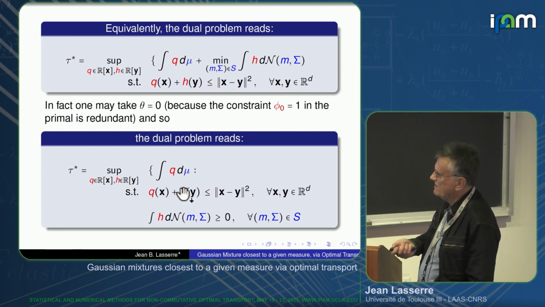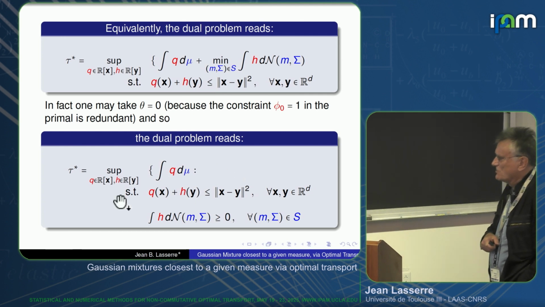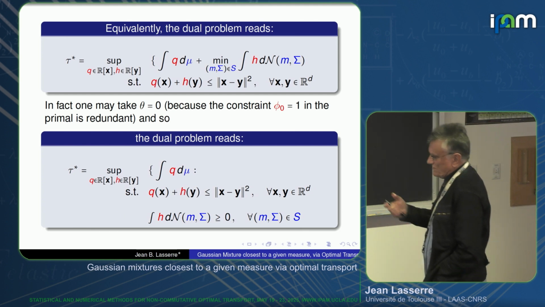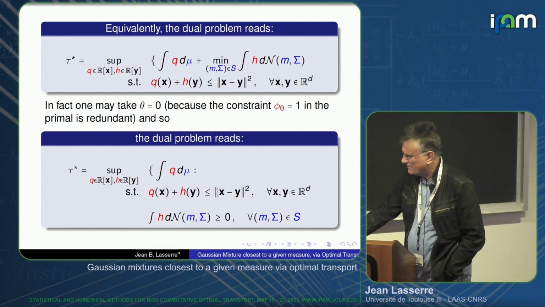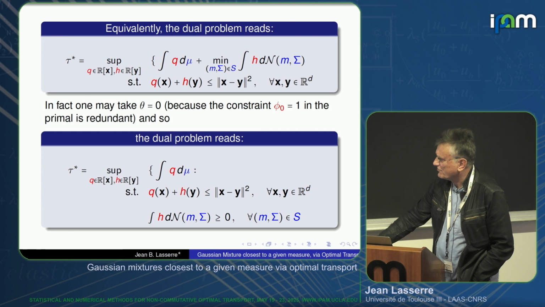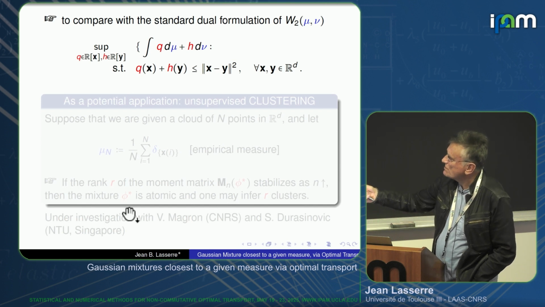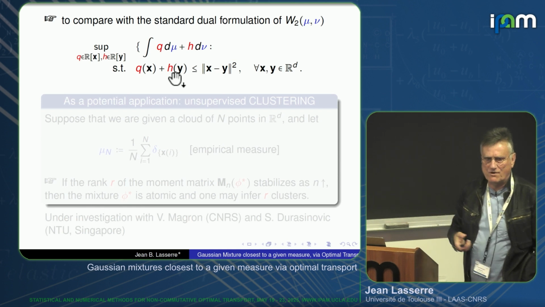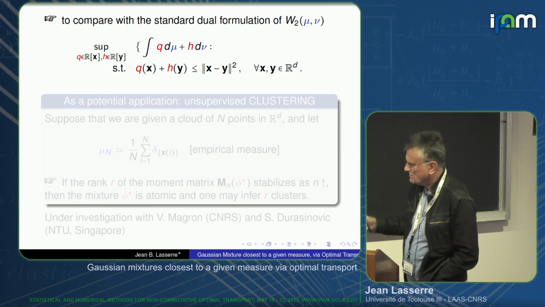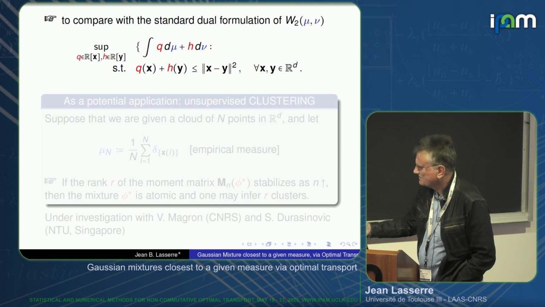So the real dual amounts to this. It has really some flavor of an optimal dual of an optimal transport problem. In optimal transport, you would have this term here with the second marginal. But here the second marginal is unknown. You have to compute it, so it doesn't appear in the cost directly like this.